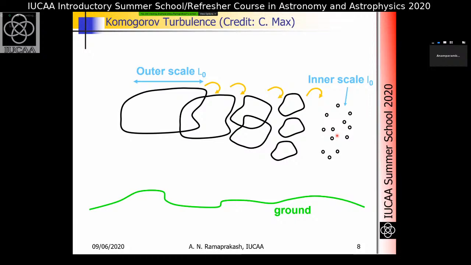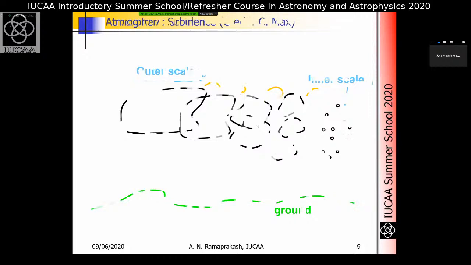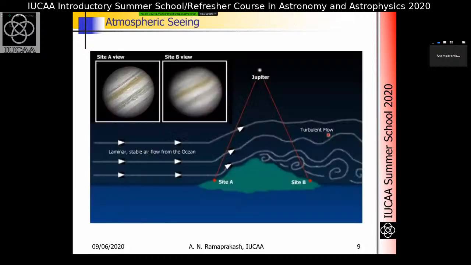So there is structure in the atmosphere at all these scales at any given time. Now, how does this matter? To understand that, let us look at this image.